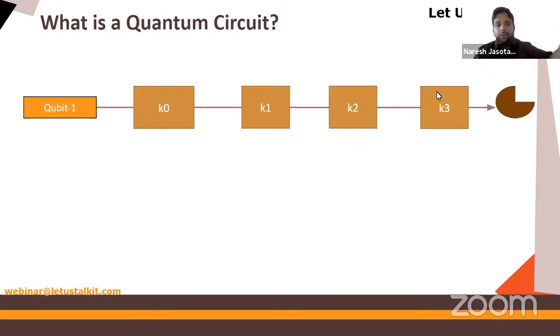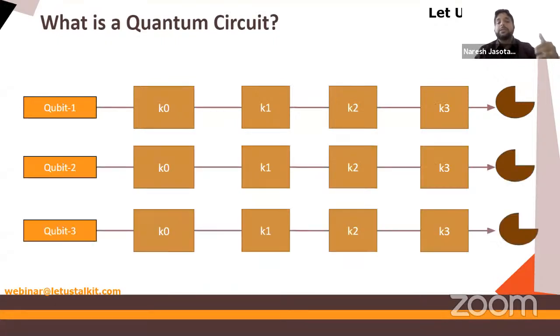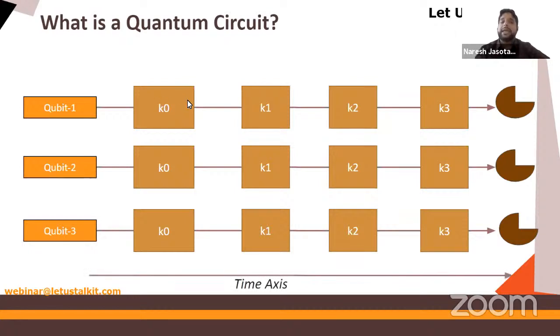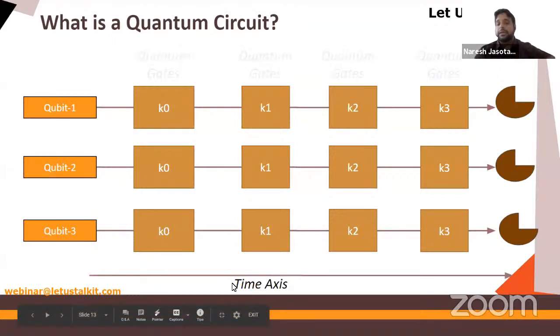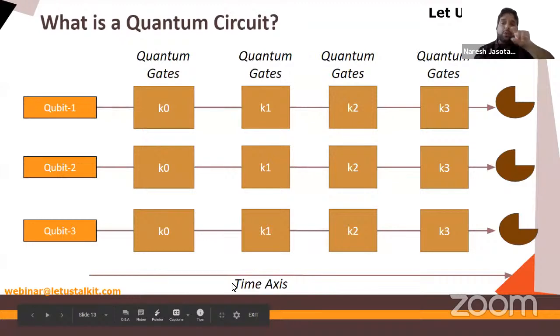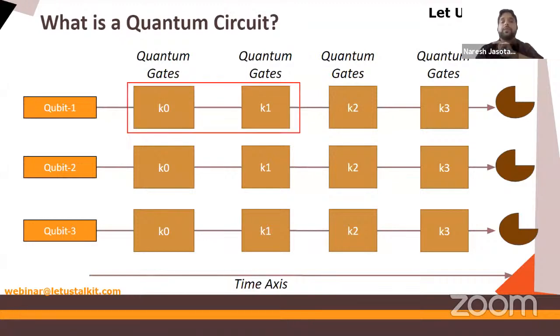So if you have 3 qubits, you will represent it like this. And this is your state of rest. These are quantum gates. On a time axis, here, remember the flip of the coin? On a time axis, these are quantum gates. And you can apply, these are gates.